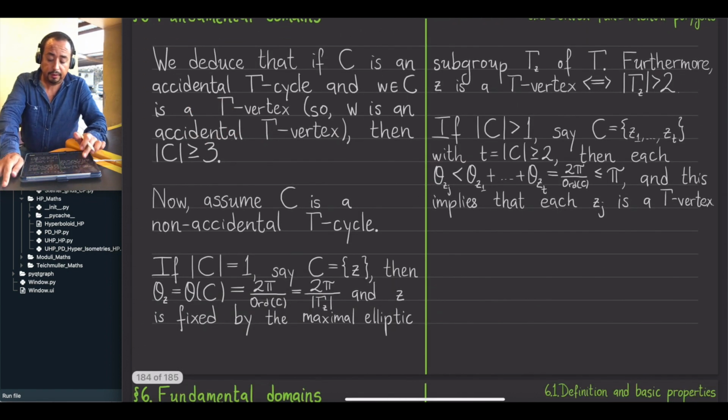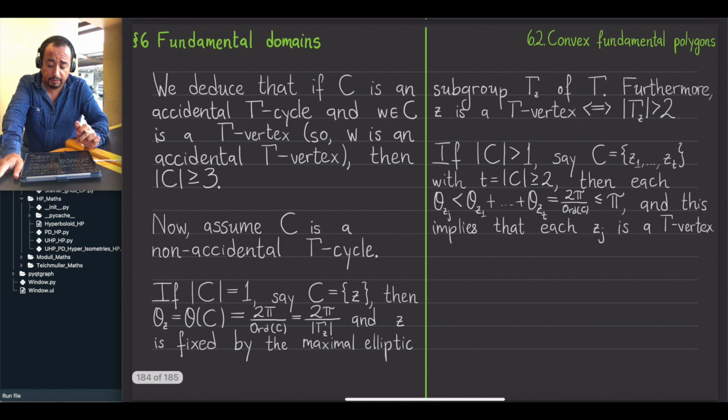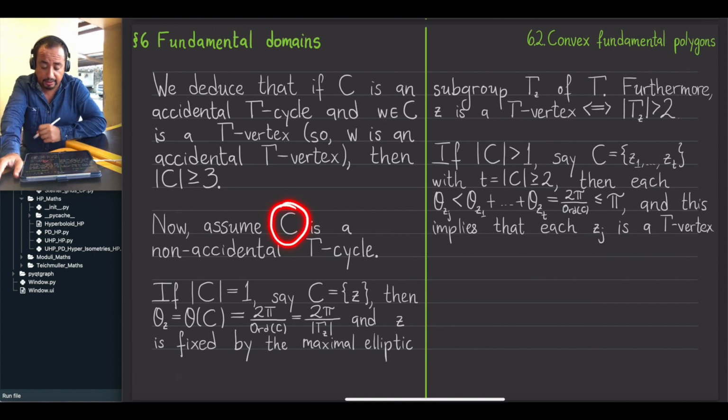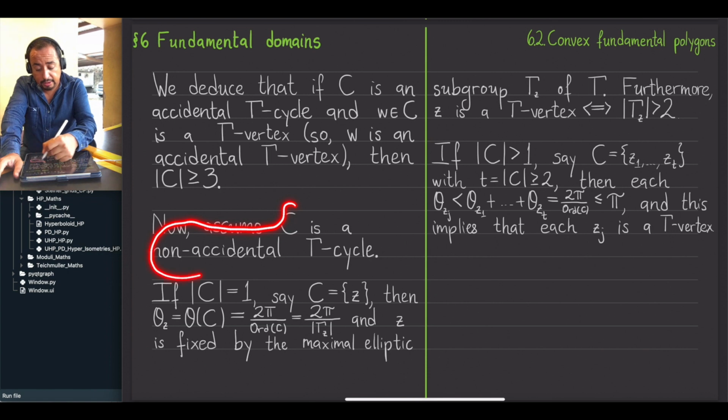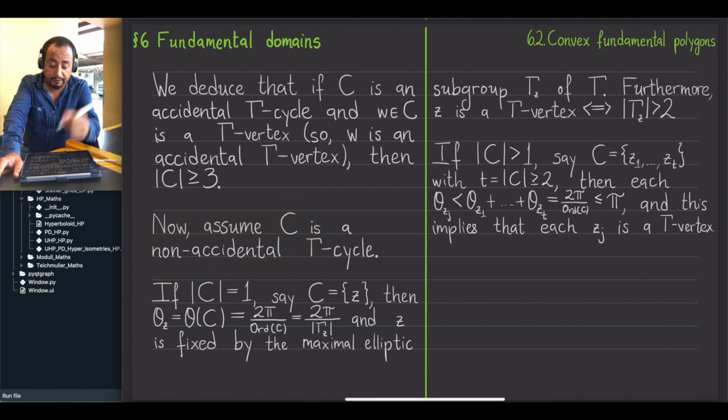Okay. Now let's analyze what happens when it's not an accidental gamma cycle, so it's a bit more interesting. As we saw, being non-accidental doesn't prevent C from having only one element.